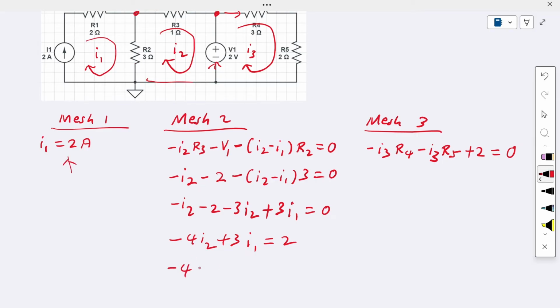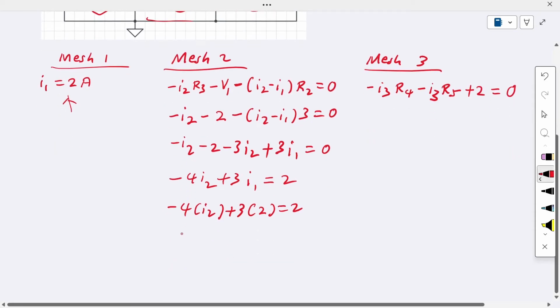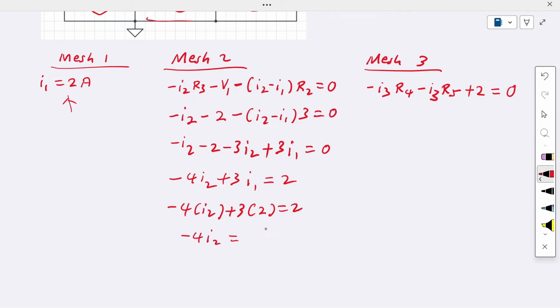So that means minus 4I2 plus 3 times 2 ampere must be equal to 2. Now we can find I2. So minus 4I2 equals 2 minus 6, you get minus 4. So I2 is equal to minus 4 divided by minus 4, then you get 1. So your I2 is 1 ampere.